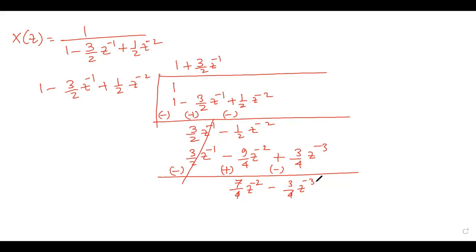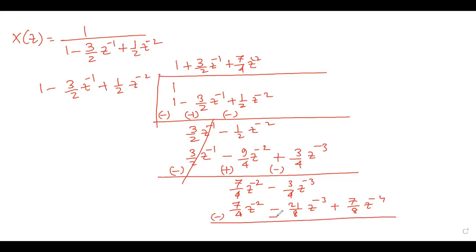Then plus 7 by 4 z to the power minus 2 minus 2, so that is 7 by 4 z to the power minus 2, then minus 21 by 8 z to the power minus 3 plus 7 by 8 z to the power minus 4.